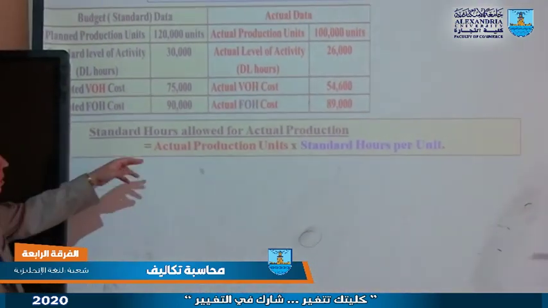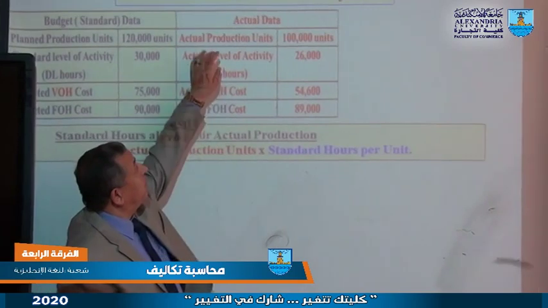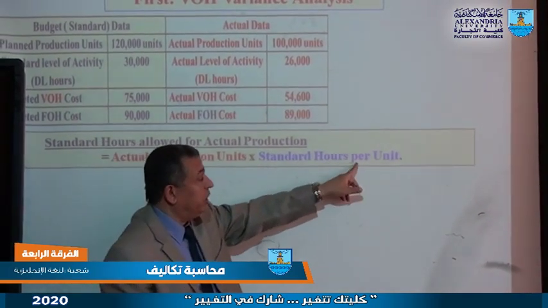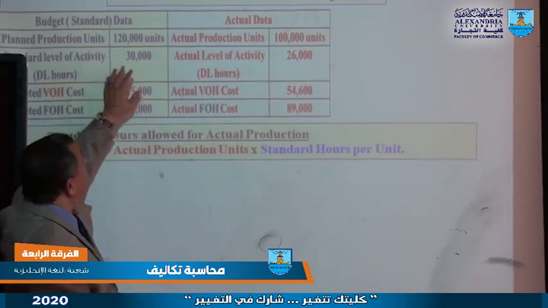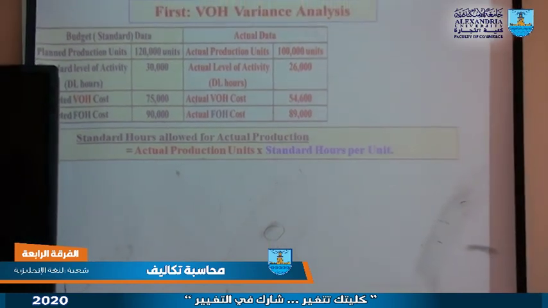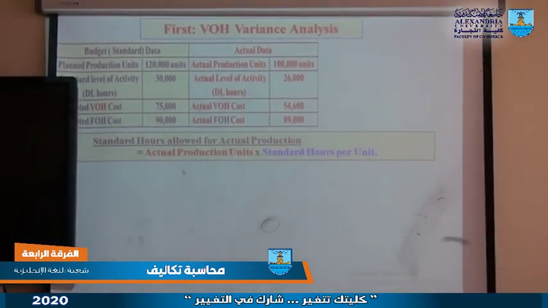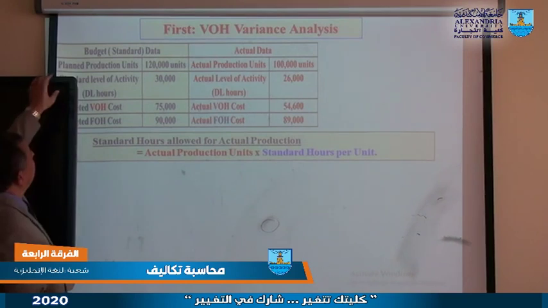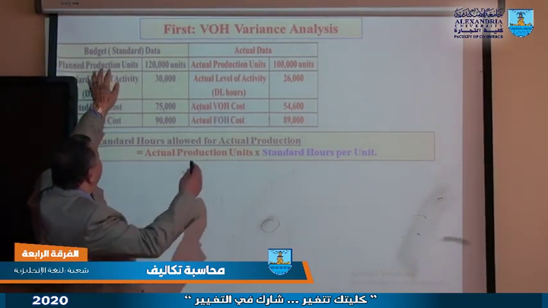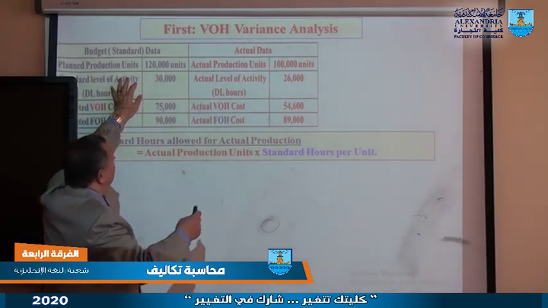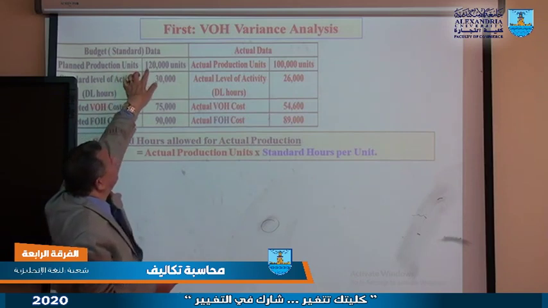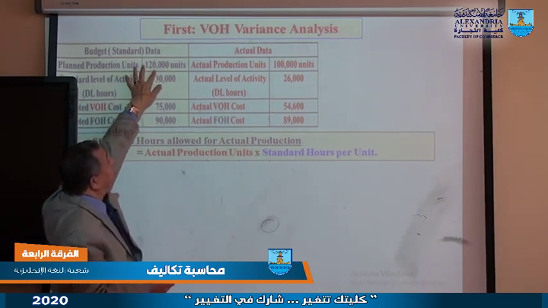Don't forget, I need actual production units times what? Standard hours per unit. Here I have actual production. How can you calculate standard hours per unit? Read with me again the standard. Here, planned production units, estimated production units. Our plan is to produce 120,000 units.